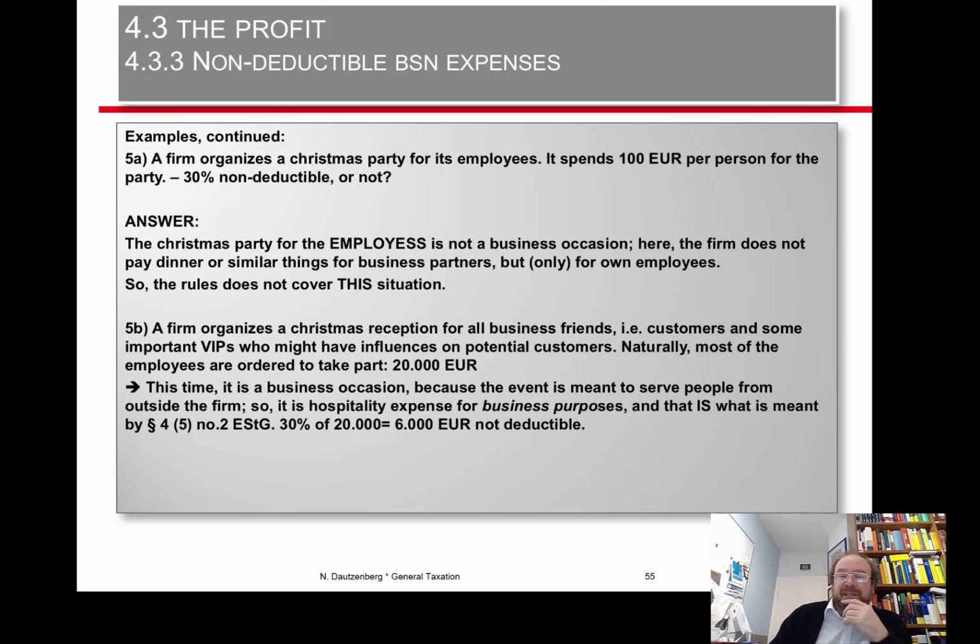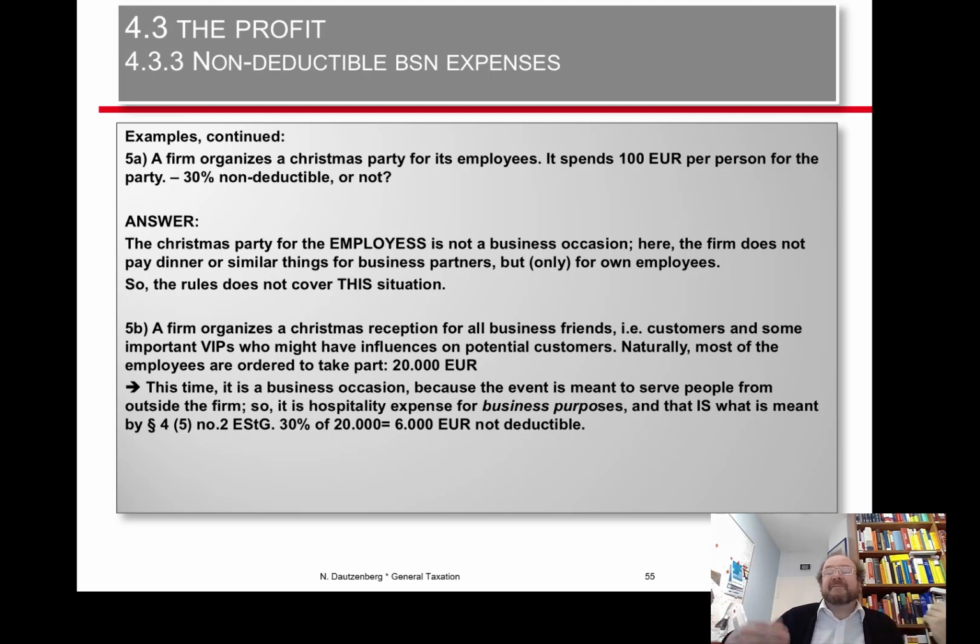A firm organizes a Christmas party for its employees, spends €100 per person, 30% non-deductible. Not again, this is not a business occasion, because it's not an invitation combined with doing business meant it with others. This is an internal event in the firm, so this is business expense, and it's not meant by 4-5 number 2.